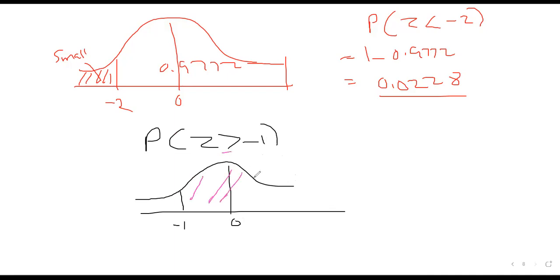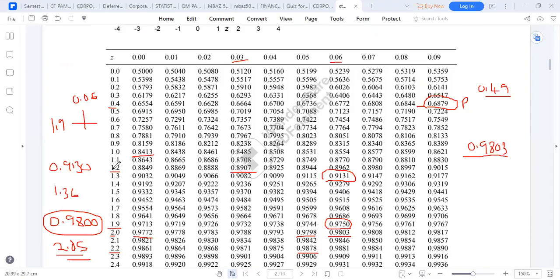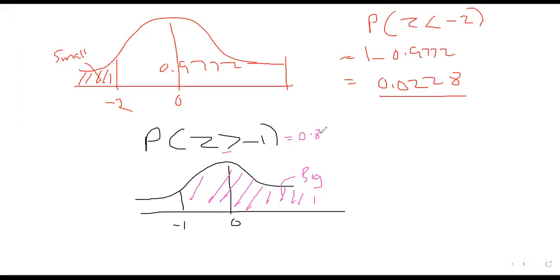So when we shade on the right side here, what are we seeing? A big shading. This big shading simply means that whatever we read, we don't subtract from 1. So we go to 1.00. So 1.0 is 0.8413. So we're not subtracting from 1, because this shaded area is indeed big.